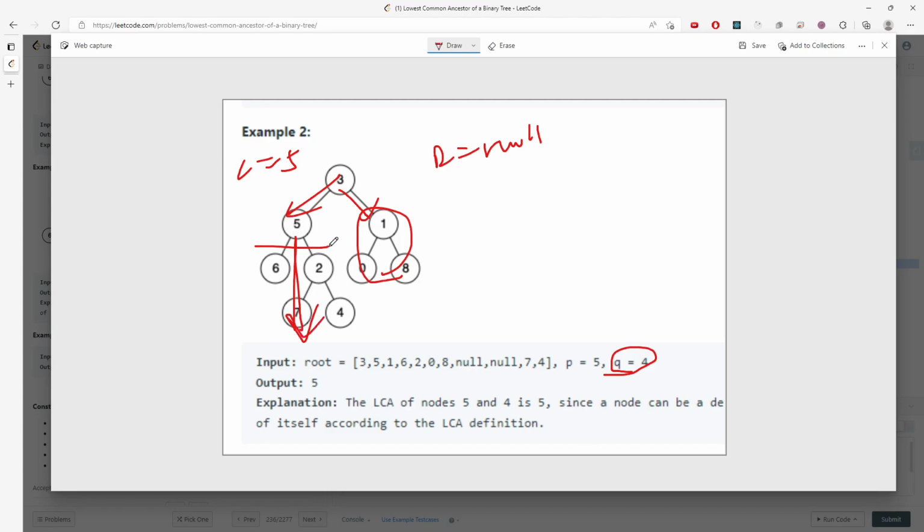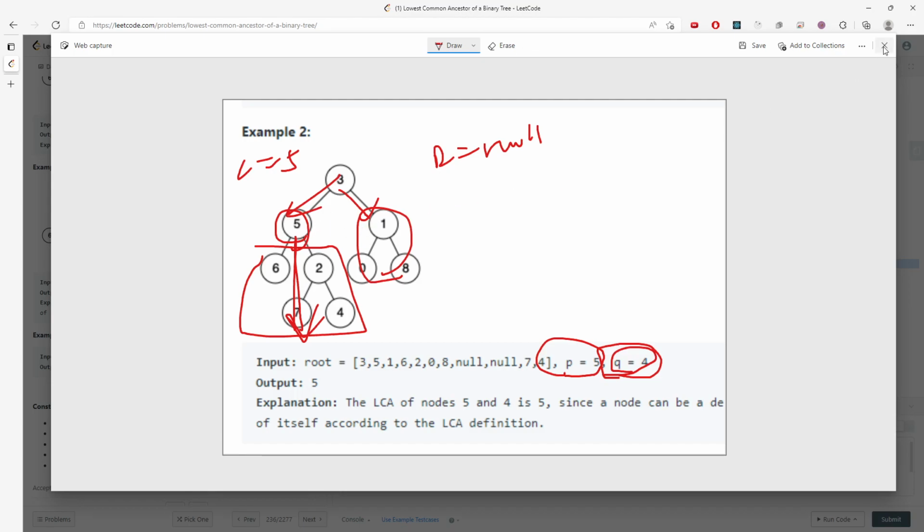So I don't have to keep traversing the rest of it. If you look at the code, you will be able to understand. I already returned 5 in this case, so I know tree node 4 is underneath my tree node 5, and I will return right away.